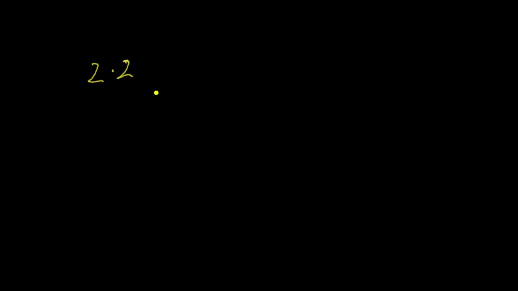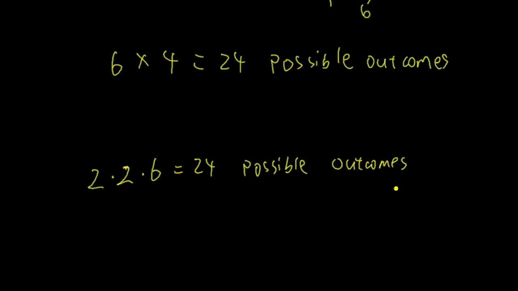There are 6 sides on the dice, so there are 6 possible outcomes, right? Only one side will show up. Then you just have 2 times 2 times 6. What's that equal to? 24 possible outcomes. So you can still figure out the possible outcomes without looking at the tree diagram. Okay, so that is the basic counting principle.